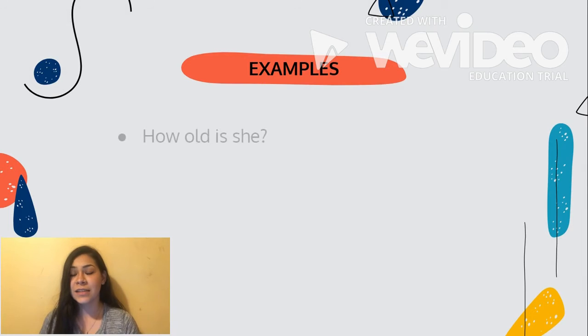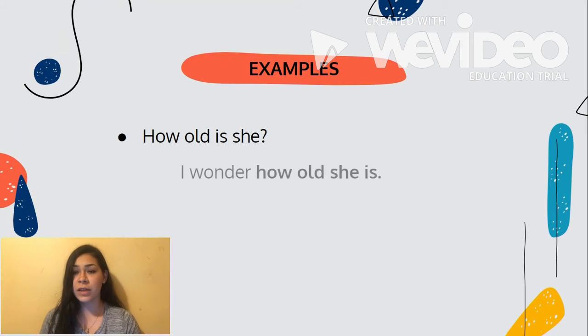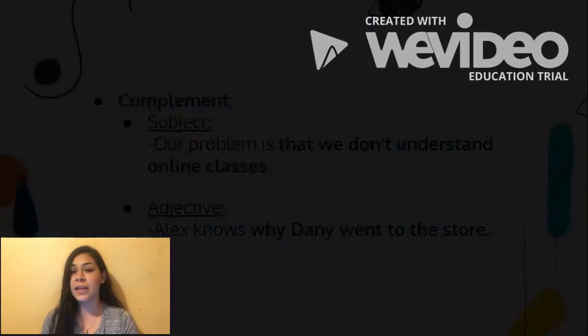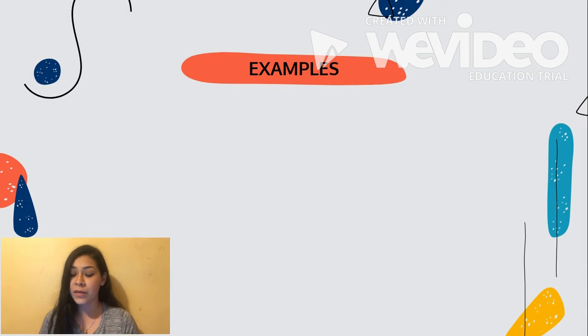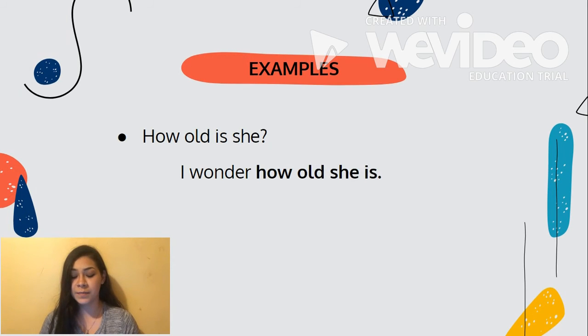In this sentence, you can see that this is working as the subject because you can easily change the order of the sentence and it still has its meaning. For example, you could say that we don't understand online classes is our problem, and it has the same meaning.